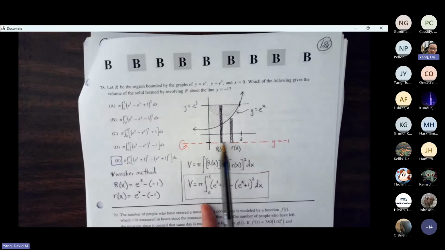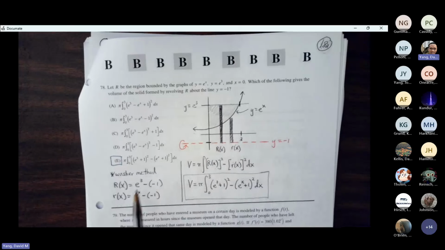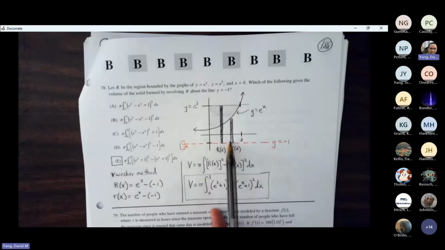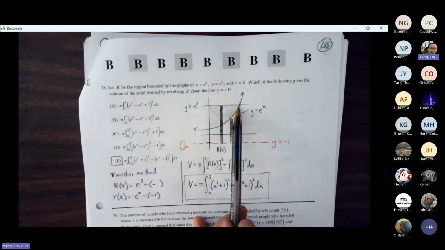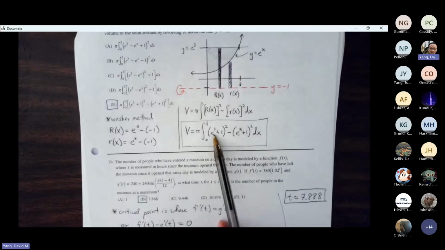My radius has to extend from my dotted line to the boundaries of the shaded region. So this is my big R, this is my little r, top minus bottom. So e to the 3 minus negative 1, e to the x minus negative 1. I set up my bounds from 0 to 3, and then big R squared minus little r squared.